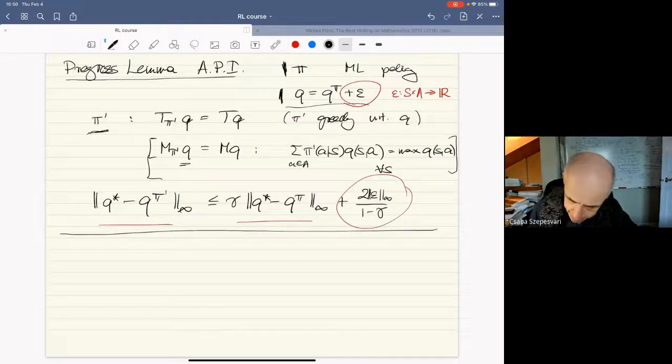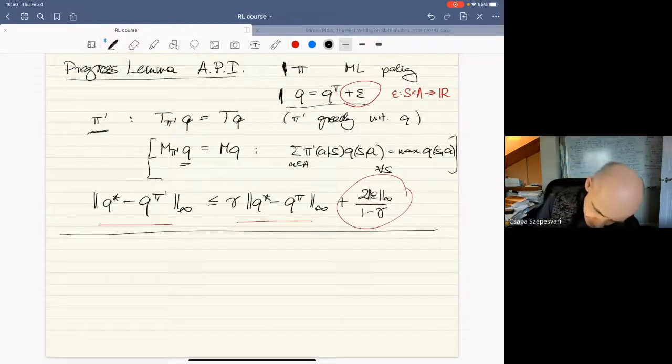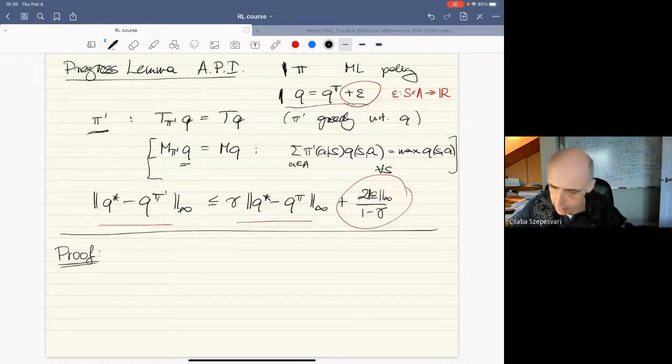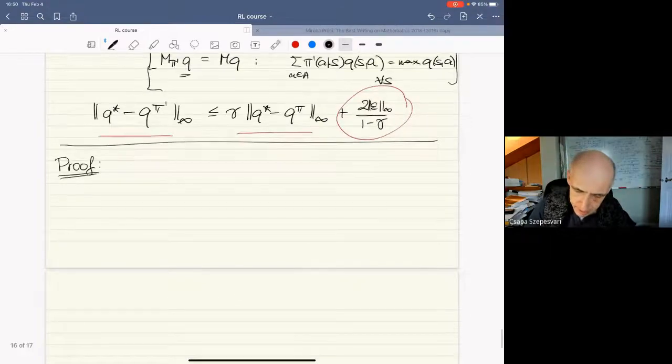All right. I'm going a little bit over time, but I really want to finish this. So how do we prove this? Maybe I will just leave out one step, but the proof is very similar to what we have seen many times before.